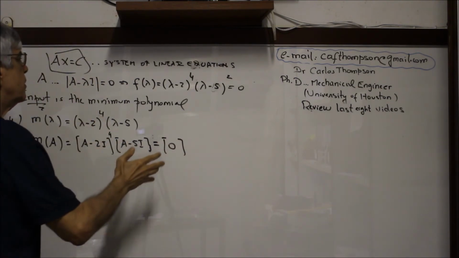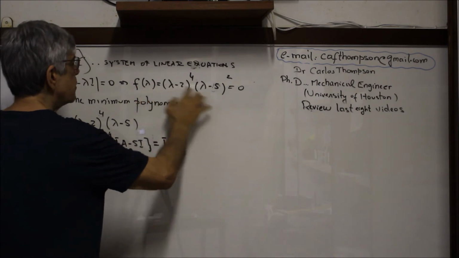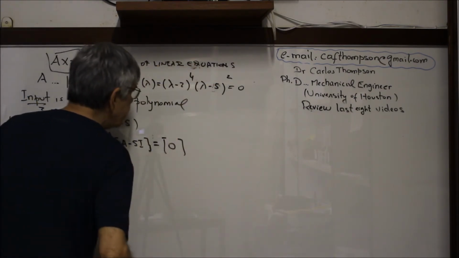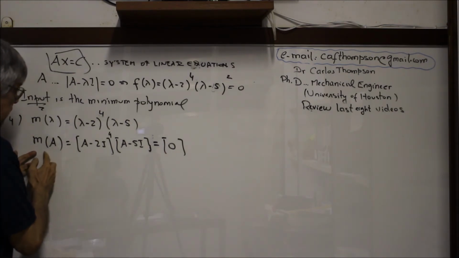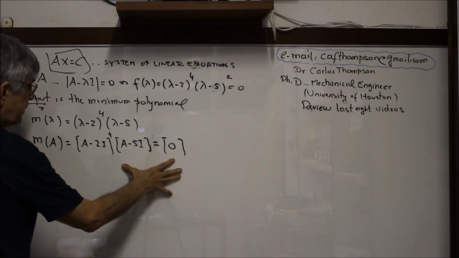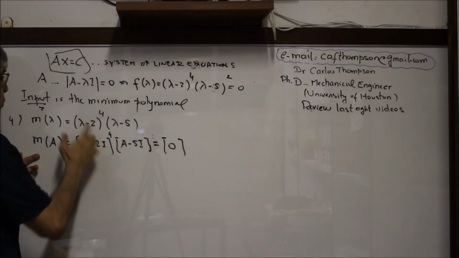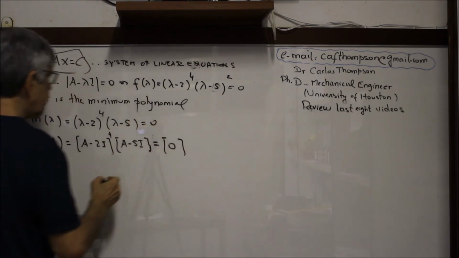Suppose the characteristic polynomials from different A's are the same. Then somebody tested and found out this, and wrote the minimum polynomial, which is equal to 0.